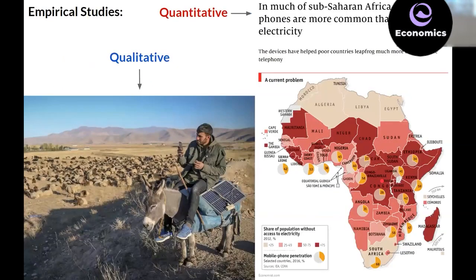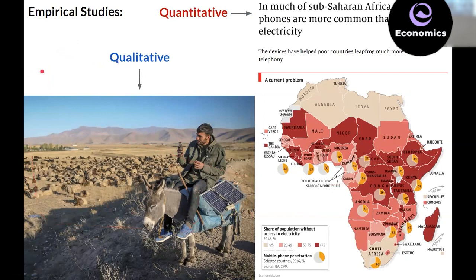Okay, so that's empirical studies. Broadly speaking, we can think about empirical studies as covering two types. One is qualitative. For example, think about this photo.